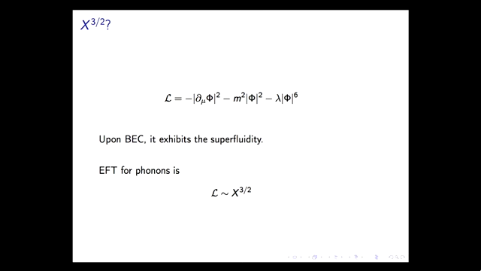x to the 3/2 corresponds to the equation of state p proportional to rho cubed, which basically indicates that there is a 3-to-3 interaction that is the dominant interaction. How can you see that if you start from that top Lagrangian, that gives you p going as rho cubed?